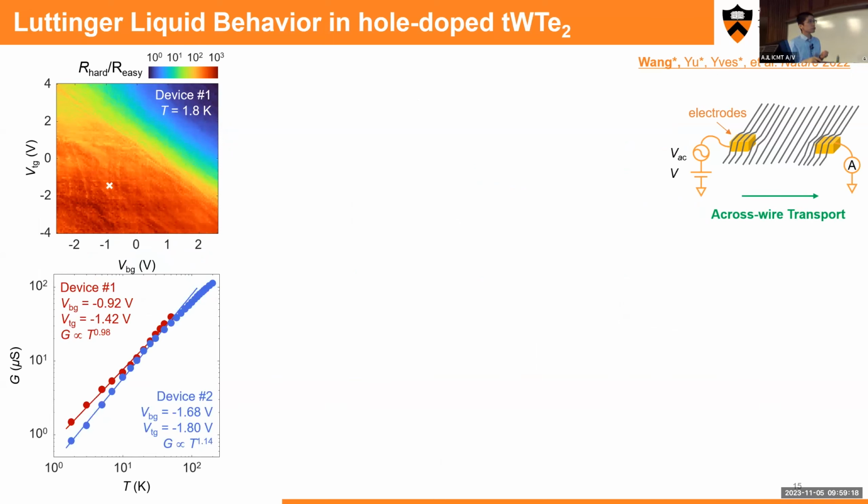You can first check the zero bias conductance, which we plot on a dual log plot. The conductance versus temperature shows a power law of around 1 for 5 degrees, and for 6 degrees it shows 1.14.